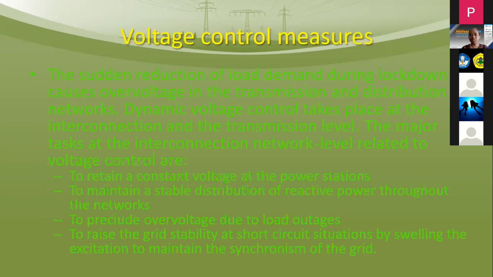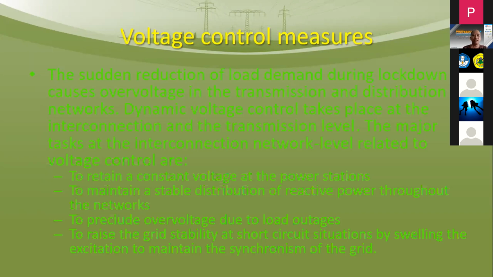In the voltage control measures, we know that the sudden reduction of load demand during lockdown causes overvoltage in the networks, in the transmission and also in the distribution. Dynamic voltage control takes place at the interconnection and the transmission level.